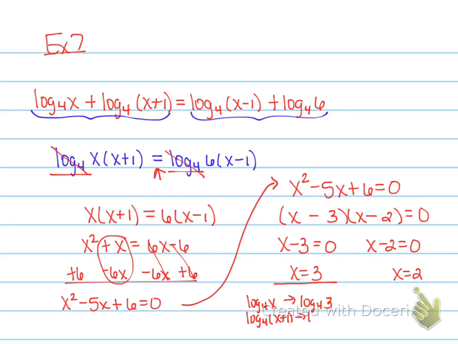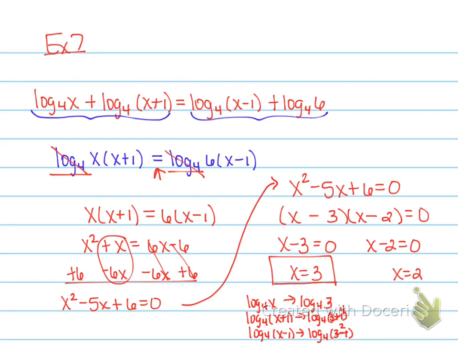Well, that would give me log base 4 of 3 plus 1, which is 4, and that's okay. The next log I had was log base 4 of x minus 1. So let's plug in the 3. So log base 4 of 3 minus 1, well 3 minus 1 is 2, and that's okay. The last log we had was just of a 6. It's just a constant, so we don't have to worry about it. So 3 is definitely an answer.